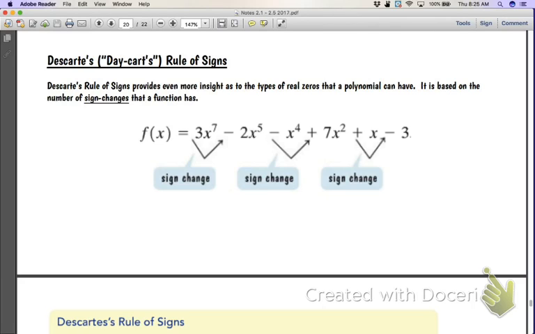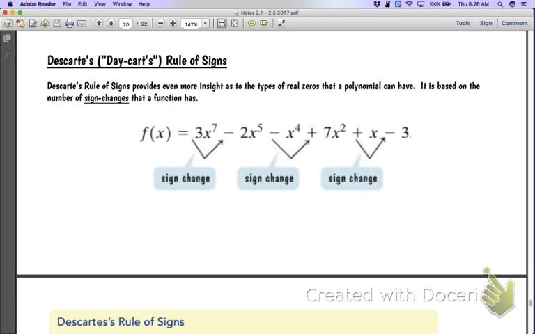So it goes from positive to negative, then nothing happens because it goes negative to negative, so there's not a change. Negative to positive, still a positive, and then positive to negative. Okay? What that will do is tell you the type of real zeros that you're going to have. So it's going to tell you if you're going to have any sort of imaginary numbers. Does that make sense? Okay.